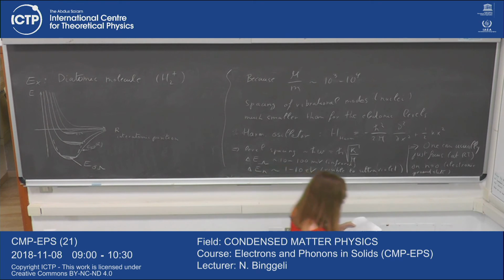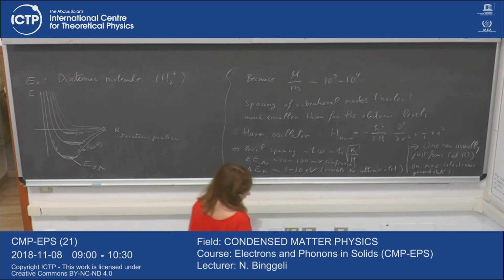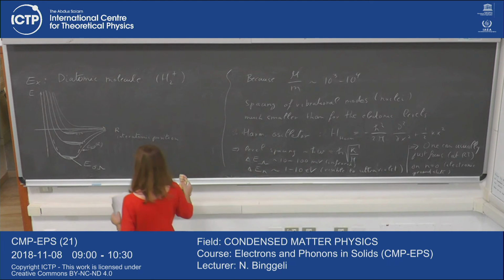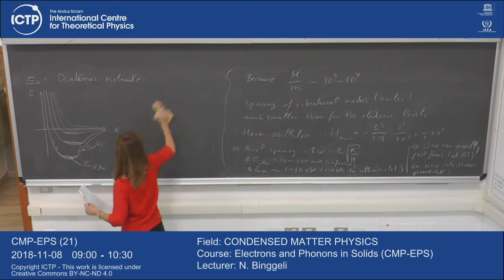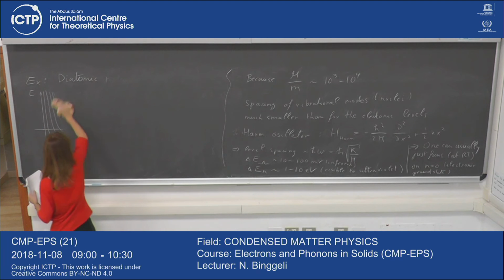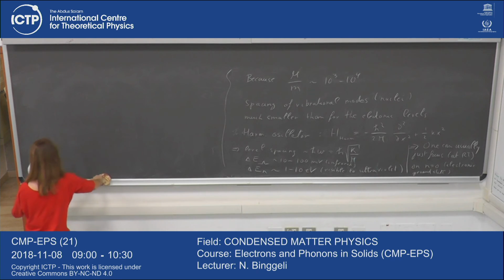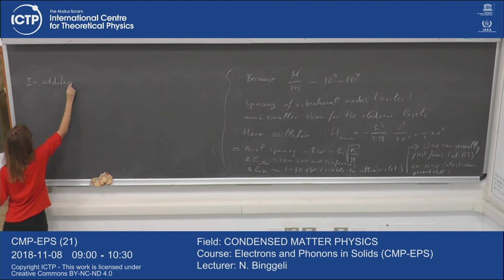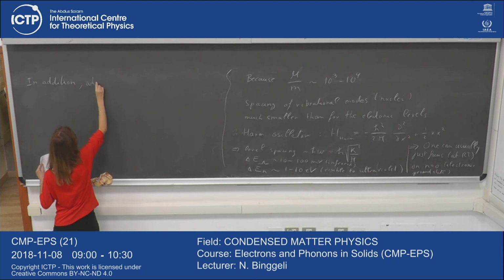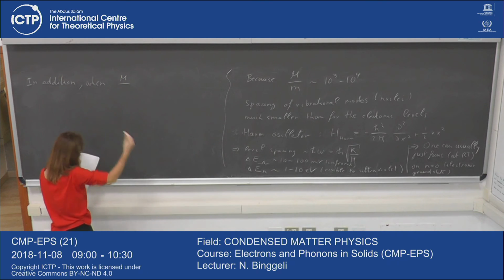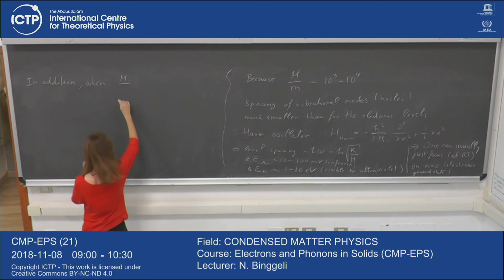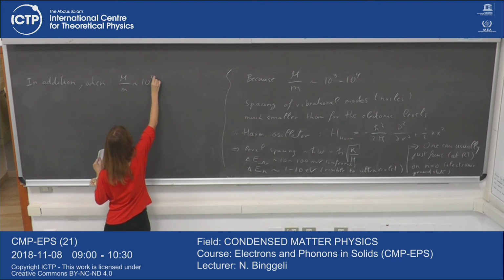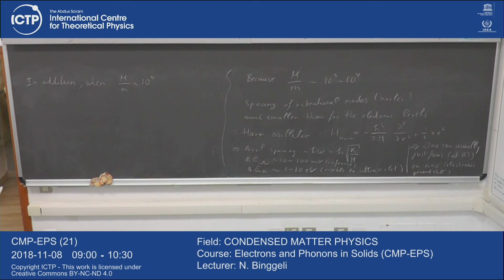All right, so now another point I wanted to mention is that when the mass ratio is of the order of 10 to the power 4, I mean, for not the lightest atoms, one can also use the classical approximation for the motion of the nuclei.